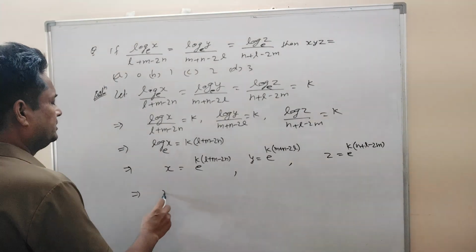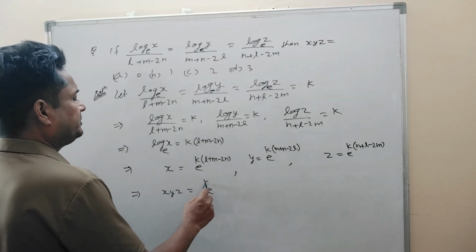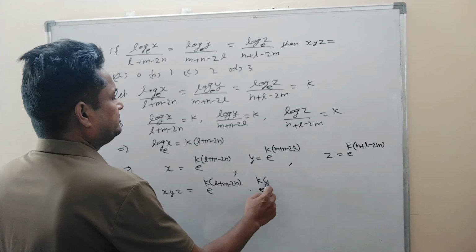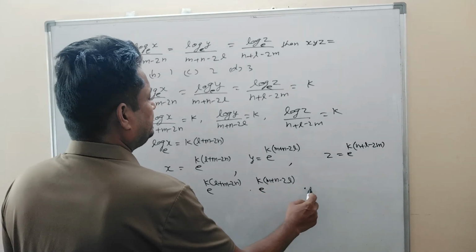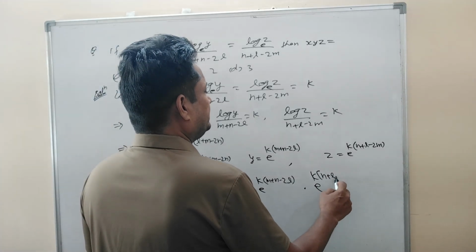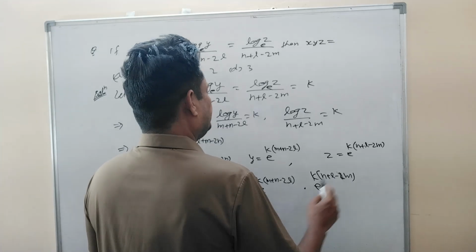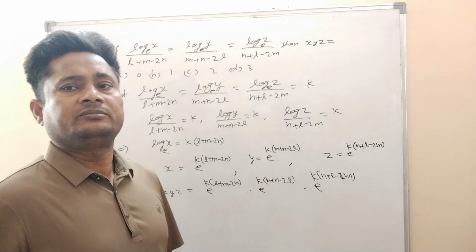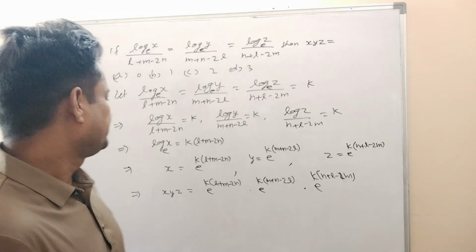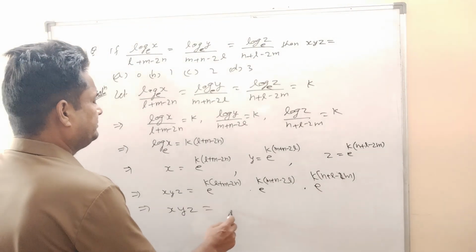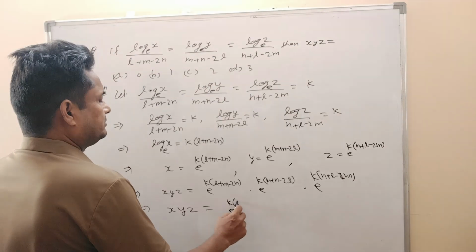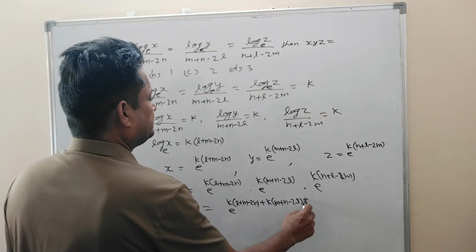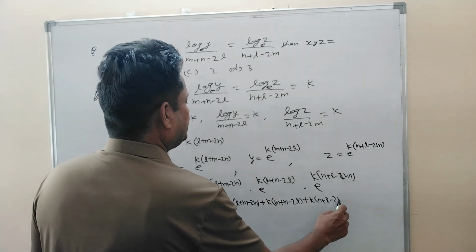So xyz will be equal to e to the power k times (l + m - 2n) into e to the power k times (m + n - 2l) into e to the power k times (n + l - 2m). The base is the same in all three expressions. If the base is the same, then the powers will be added. So xyz will be equal to e to the power k times (l + m - 2n) plus k times (m + n - 2l) plus k times (n + l - 2m).